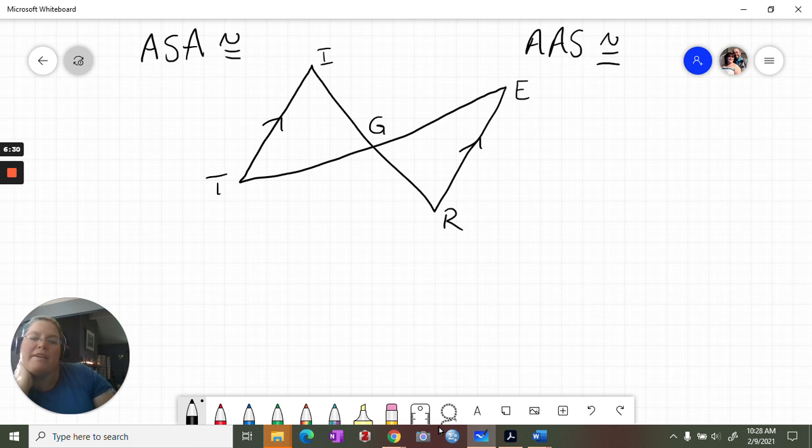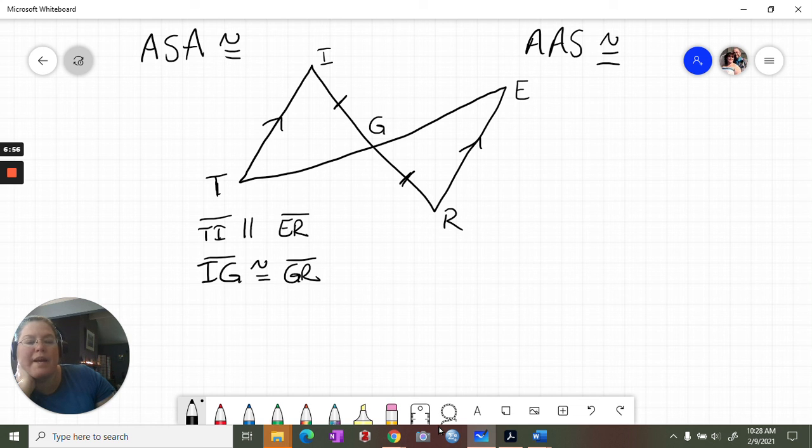So my evidence here might be IG is congruent to GR. Okay. So that's given information. Then I know that TI is parallel to ER. Okay. That's given. Marked on my diagram, right?